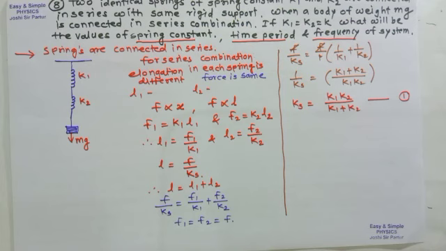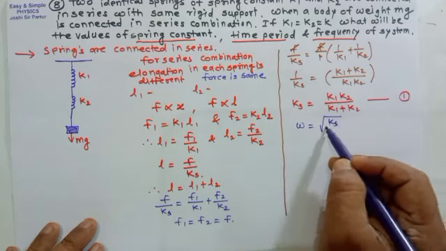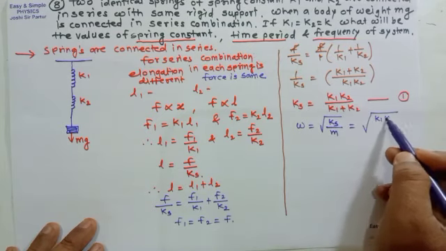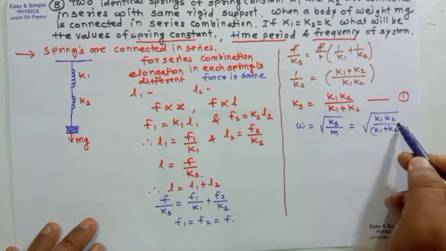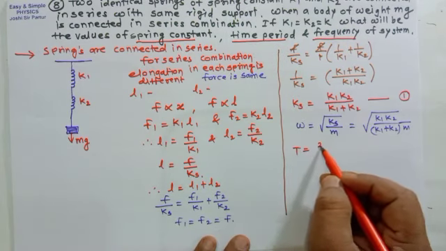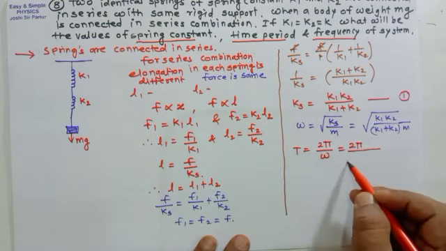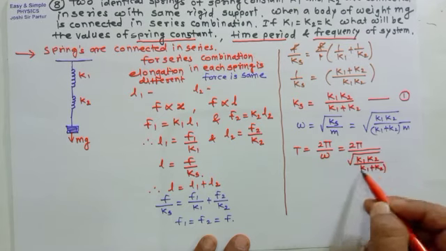So here we can find out omega. Omega is equal to square root of Ks upon m. So it will be square root of K1 K2 upon K1 plus K2 into m in denominator. If we can find omega, then formula for time period T equal to 2 pi upon omega, which is 2 pi upon square root of K1 K2 upon K1 plus K2 into m.